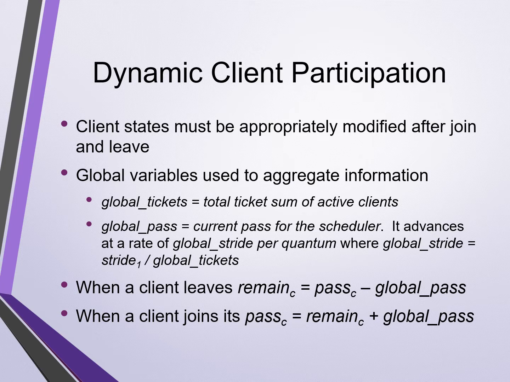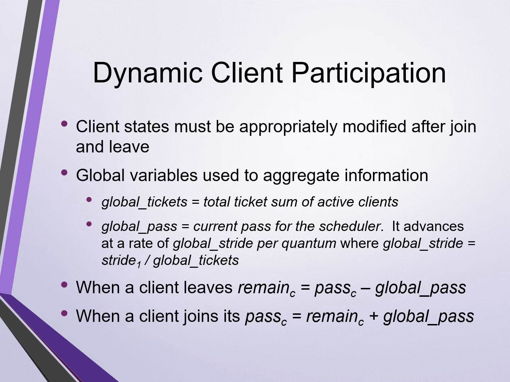One extension is the addition of global variables that aggregate the data set of the active clients. The global tickets variable contains a total ticket sum of active clients. The global pass variable maintains the scheduler's current pass.